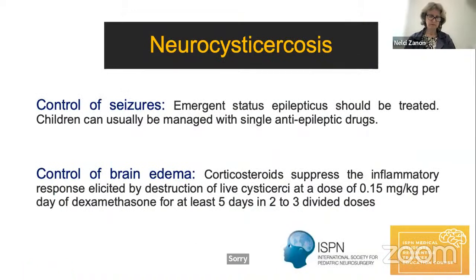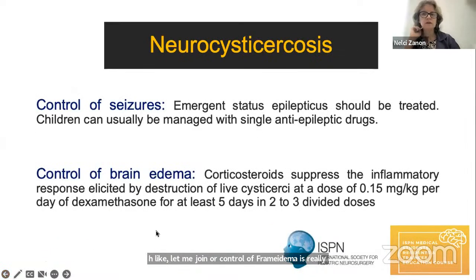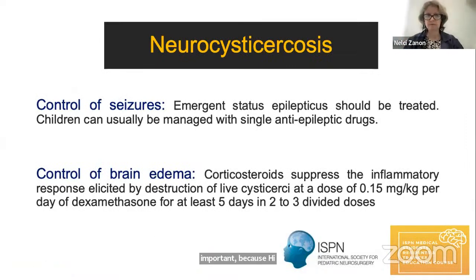For treatment, what is important for patients, the first is the control of seizures. Emergent status epilepticus should be treated, and children would usually be managed with single anti-epileptic drugs like phenytoin or levetiracetam. Control of brain edema is really important because the patient has many manifestations secondary to edema.